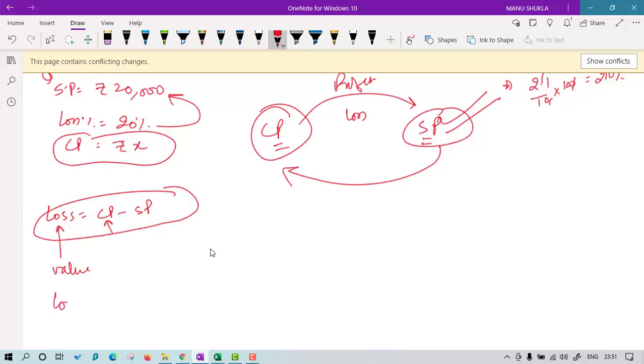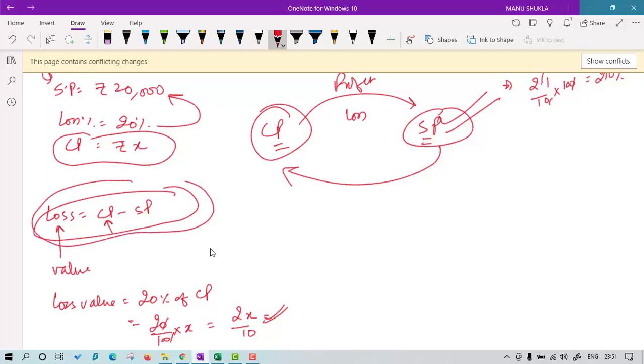Let's find the loss value first separately. It is given by 20% of CP, that is 20 upon 100 of X, which, if you solve this, becomes 2 upon 10 x. So 2x upon 10 is the loss value. Now just put the values in this equation and you will get your answer. It is as simple as that.